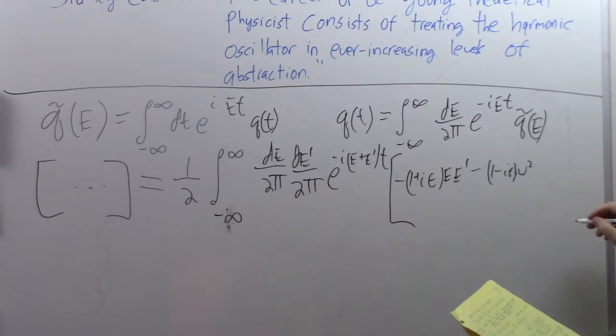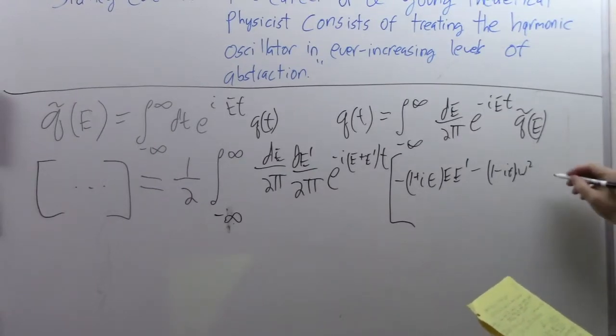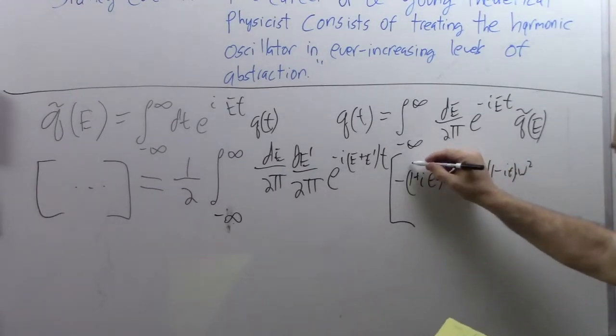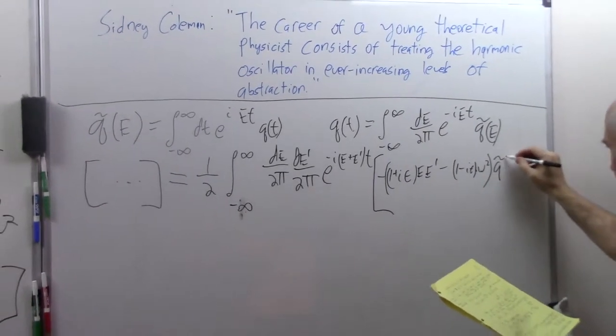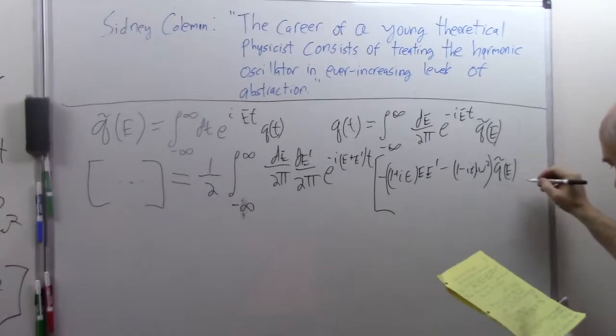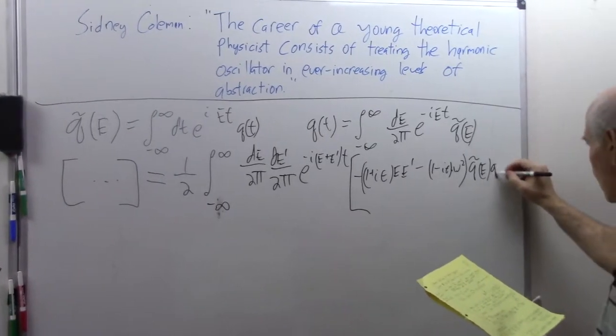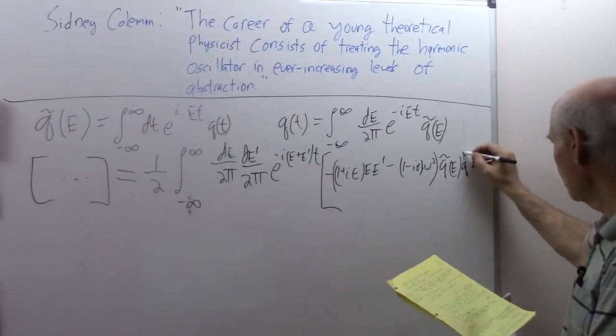And so this whole thing multiplies q tilde of E, q tilde of E prime.